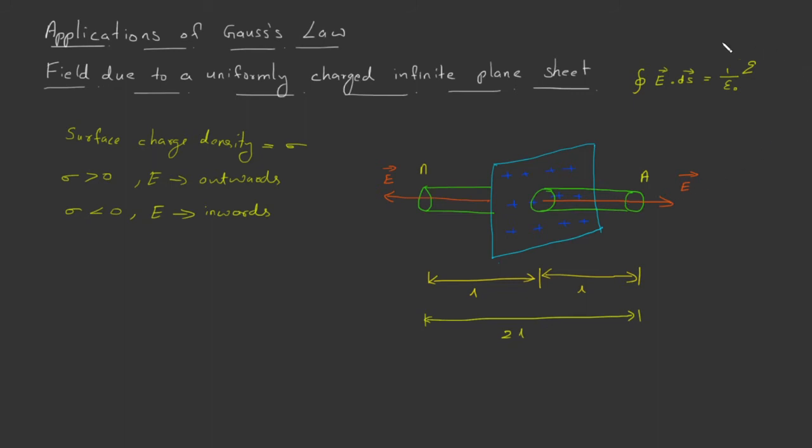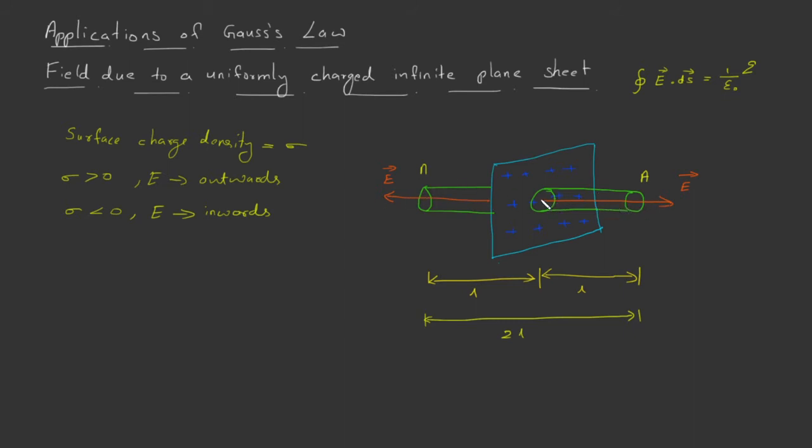So now we are going to apply Gauss's law here to find the electric field due to this uniformly charged infinite plane sheet. For that, we need to find the value of the left hand side of this equation and then equate it with the right hand side. So we are going to calculate the electric flux through this closed surface.